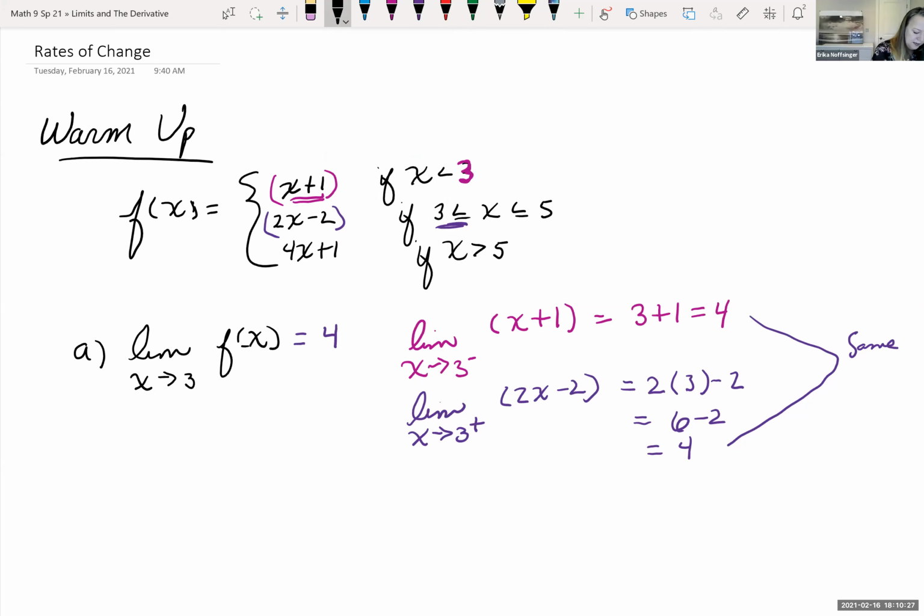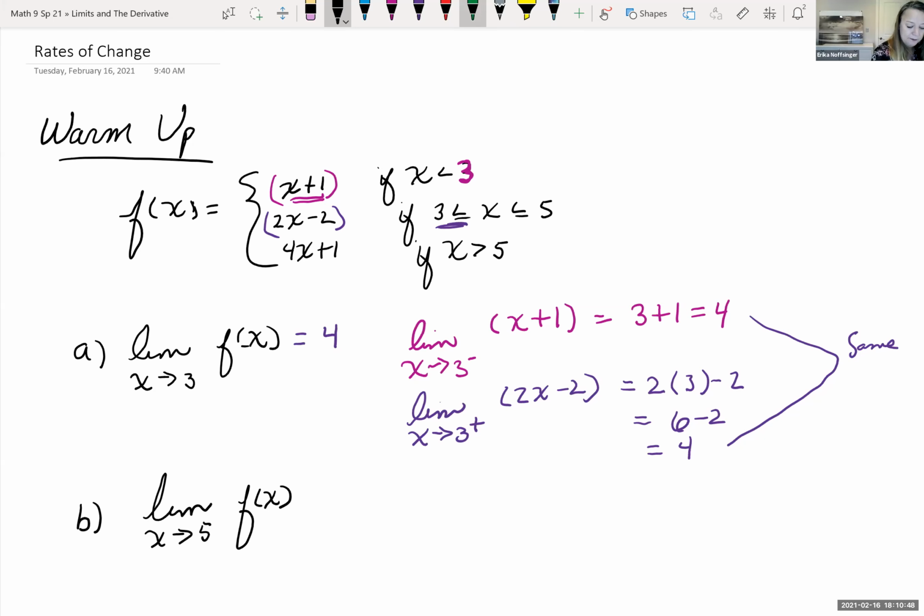So part B asks that you find the limit as x is approaching 5 of f of x. So again, I would look up at my piecewise function and see where 5 lies, which equation I would use.